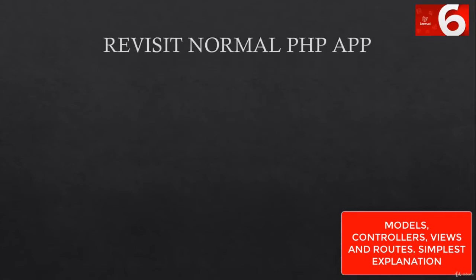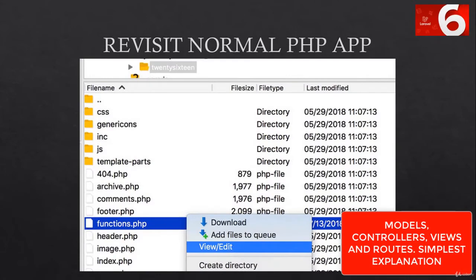Okay, so let's revisit a normal PHP application for us to understand what models, views, controllers, and routes are. The normal PHP application folder looks something like this.